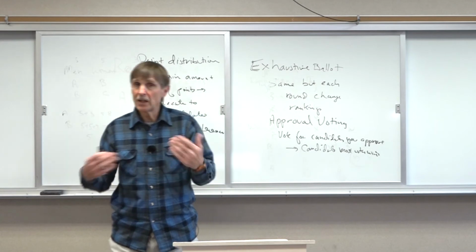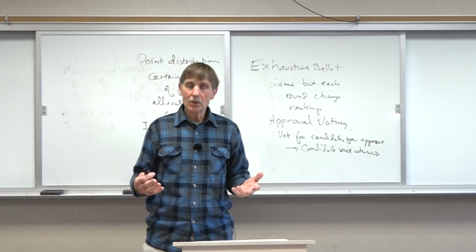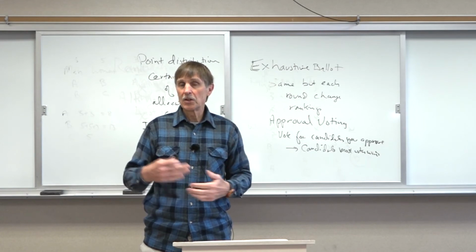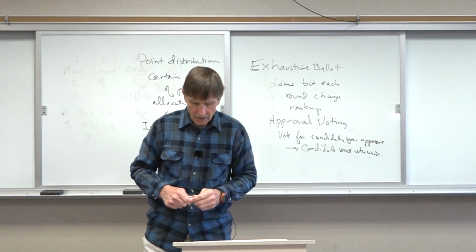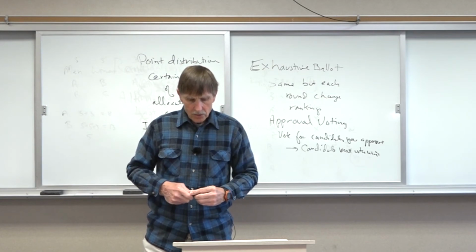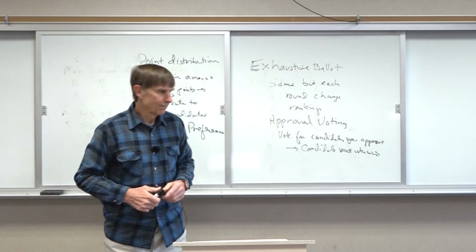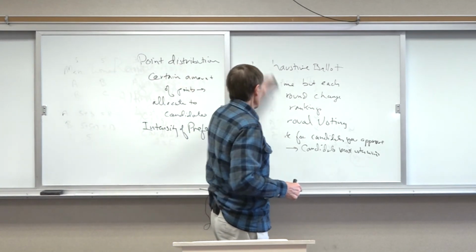But of course, as with any point voting scheme we've talked about, any point voting scheme is going to be subject to strategic voting, right? Independence of irrelevant alternatives. You could have what's called a range voting, which is moderately similar.